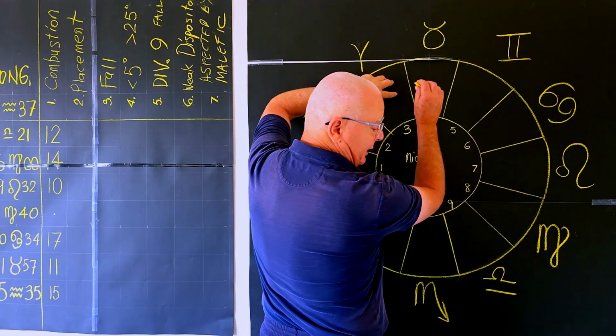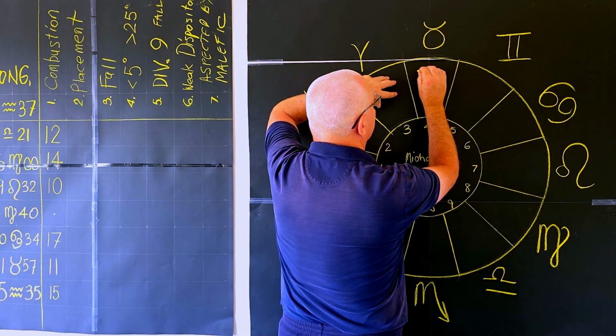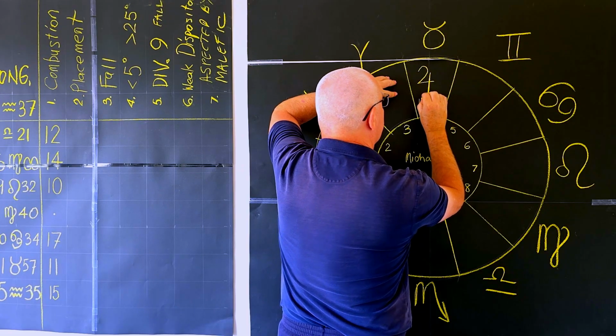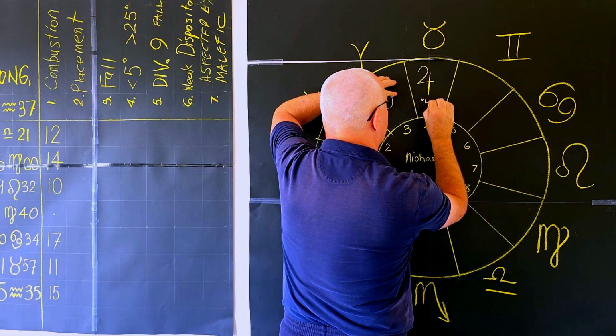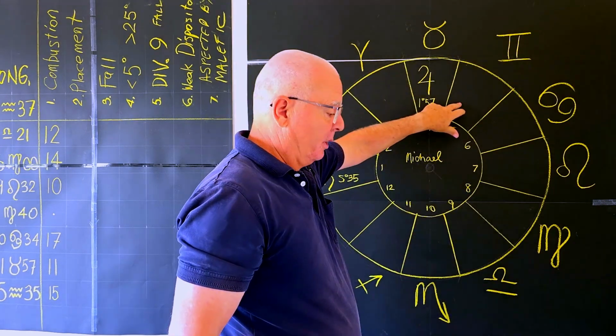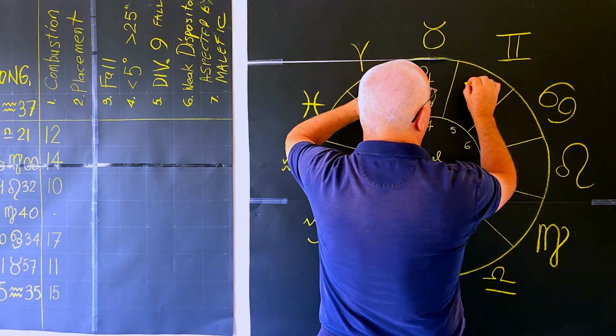Jupiter's here in Taurus, 1 degree and 57 minutes. Gemini, the north node of the moon.